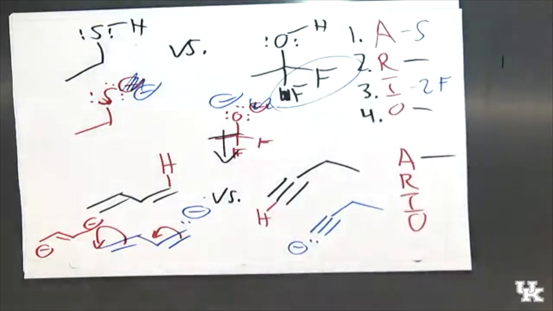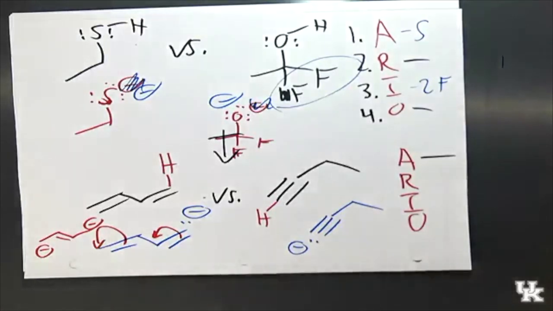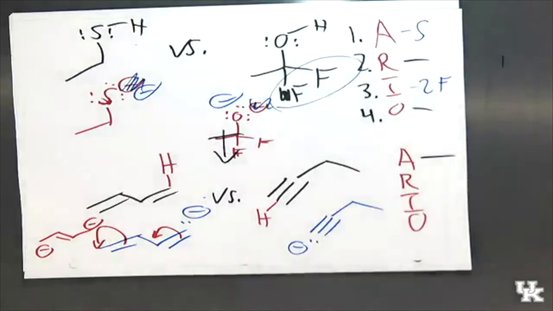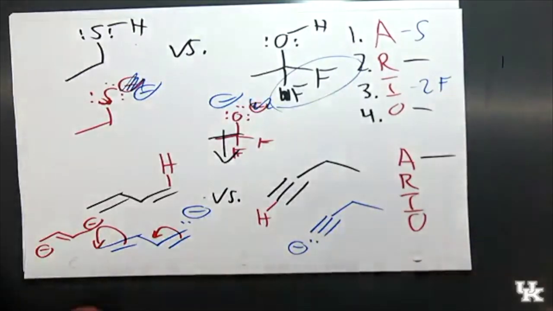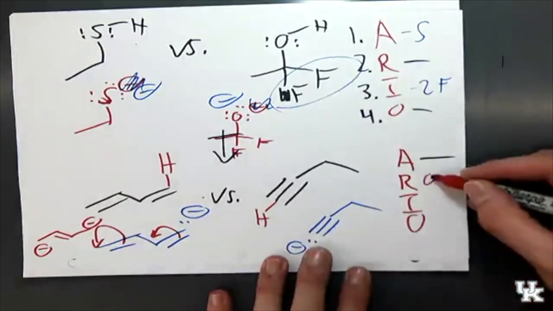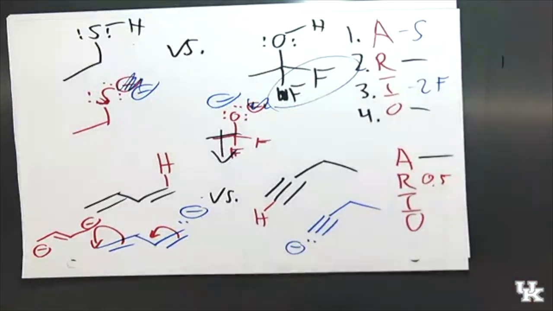Is that a particularly happy molecule? Probably not. However, did you just move a negative charge around? You did. So we'll call that a half a point for the first one, because it's not a great structure, but it is still technically valid.